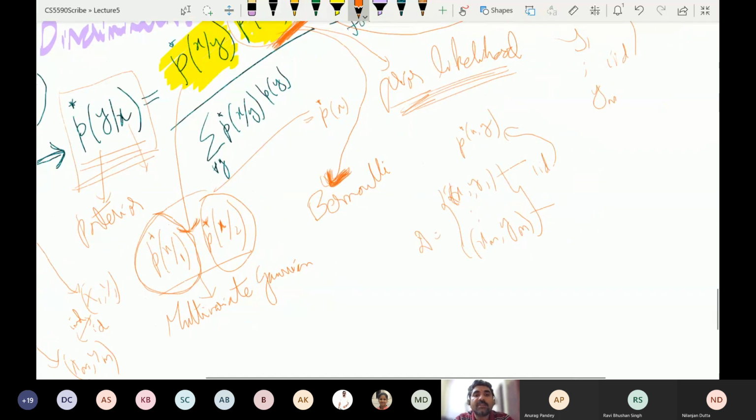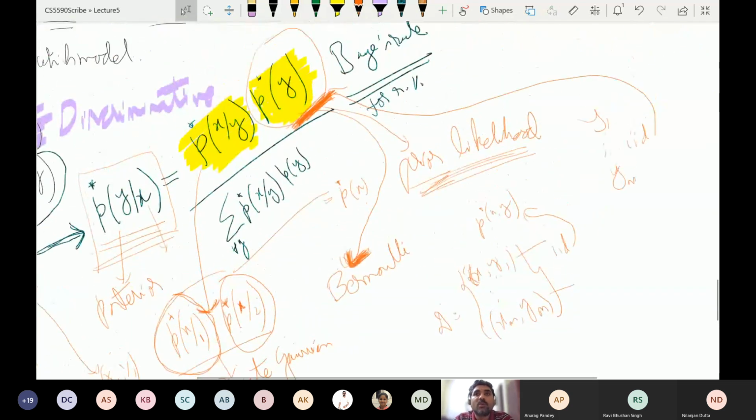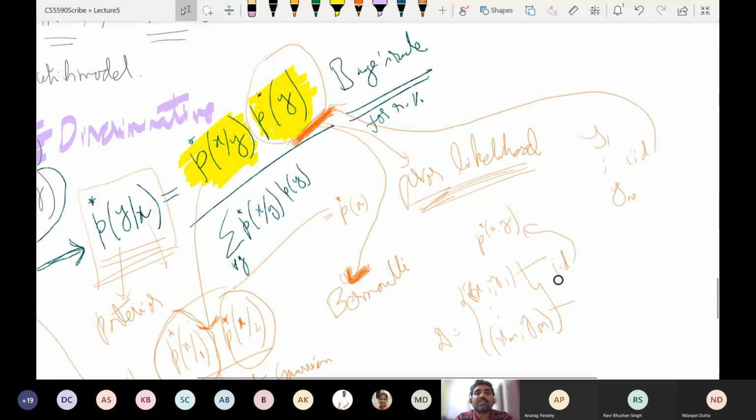I can't estimate unless I am given samples. Now, there are no more samples than those given in the training set, right? So I should reuse the samples from the training set. So now the question is, which samples will you use for estimating P of y? The obvious choice is the values of the outputs.